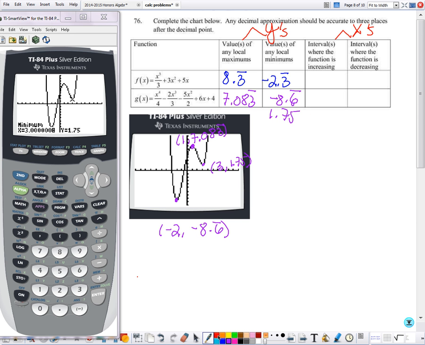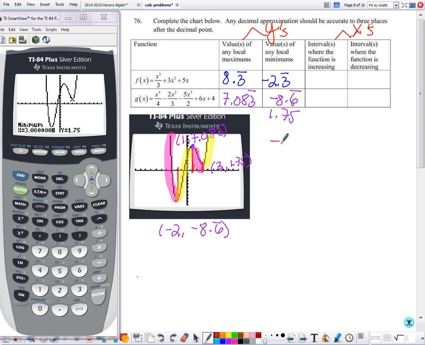So now we have to do our answers for increasing and decreasing. -2 is a cutoff, 1 is a cutoff, and 3. So if I want to color code this, this is decreasing, increasing, decreasing, and then it's always left to right, decreasing, increasing, increasing.